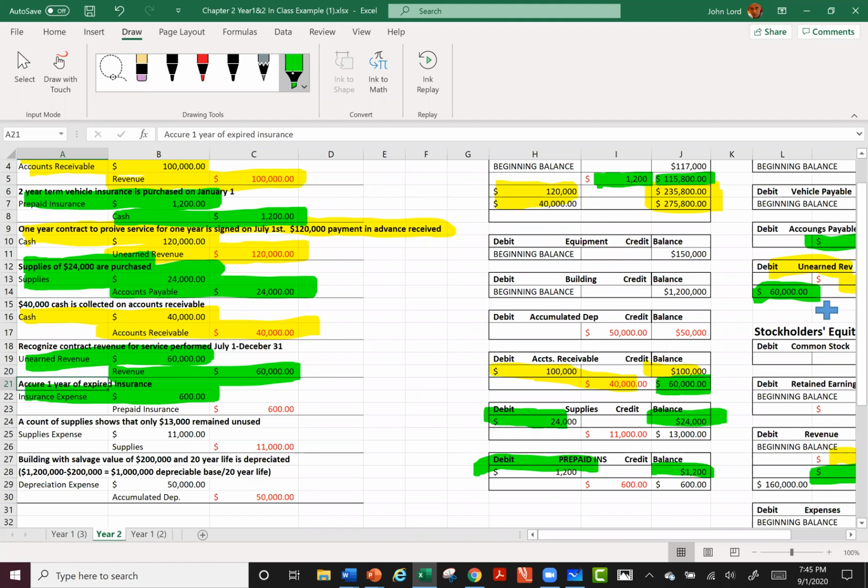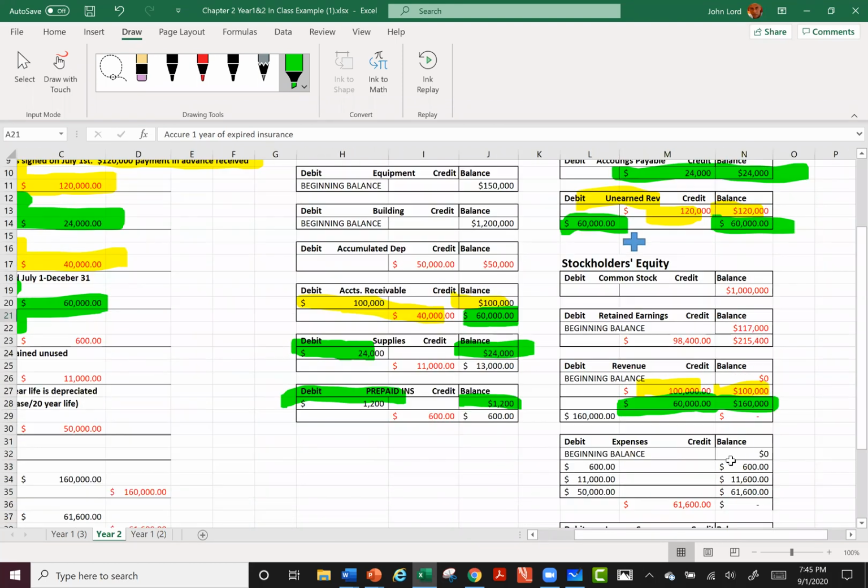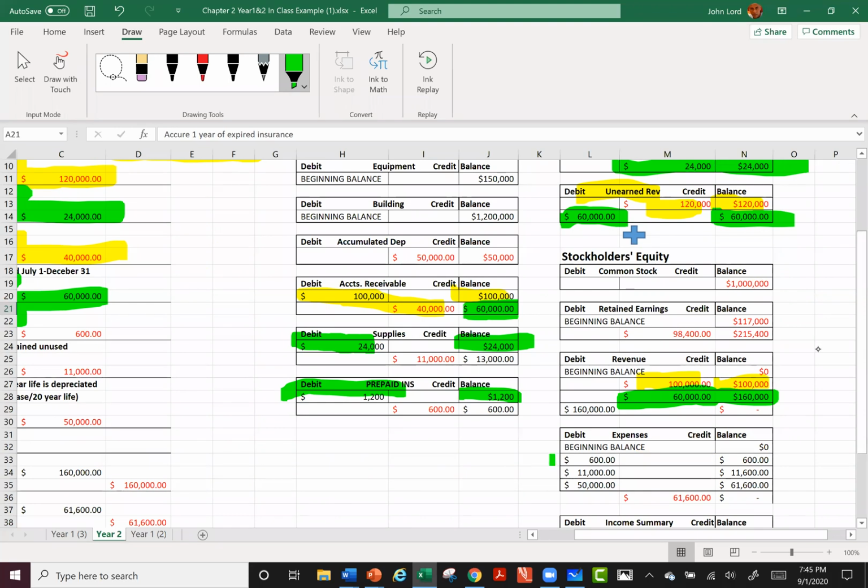When I debit expense 600, coming over to my expenses, my beginning balance in my expense was 0 because I start the year with 0. But now I debit expense $600 because now some of that prepaid, that asset, has expired. There's no more future economic benefit. It's expired. I debit expense 600.